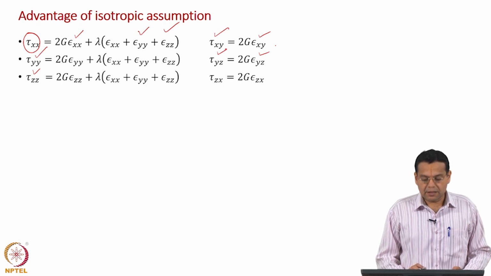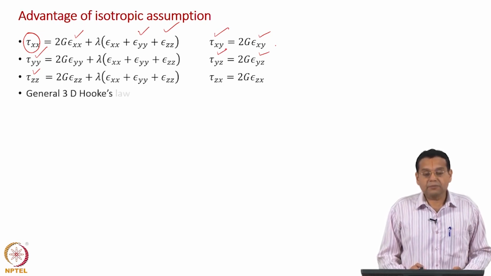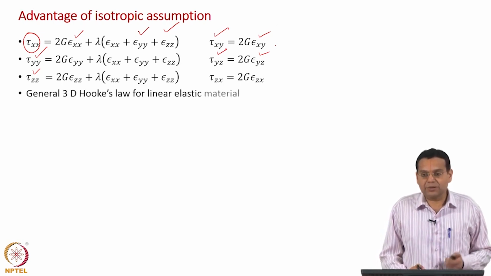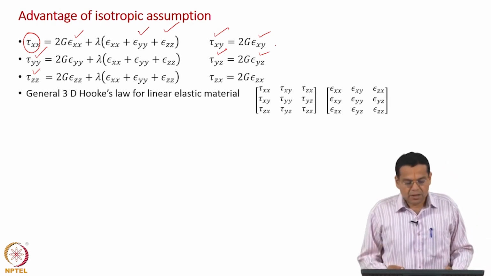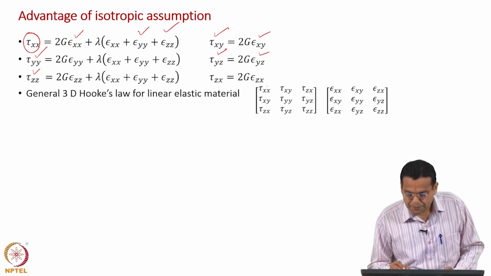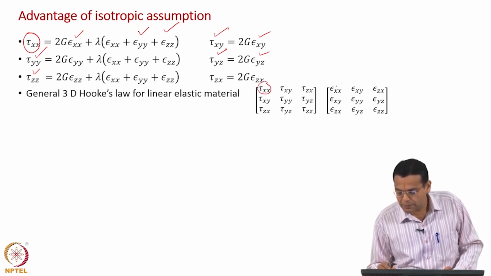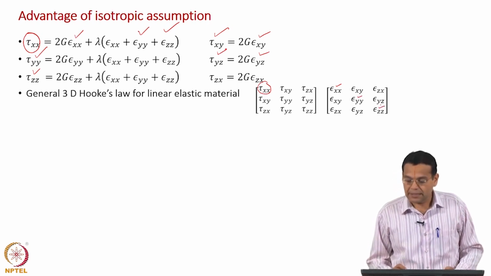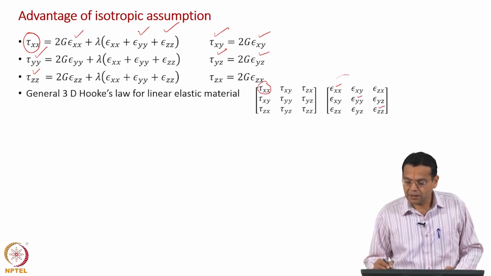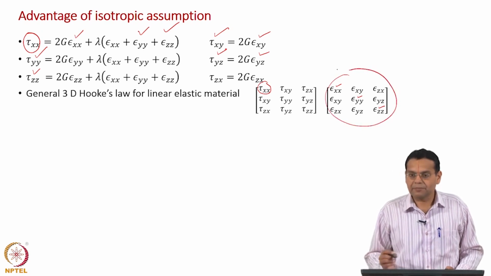Now, what would be the more general scenario? Right now, tau xx depends only on epsilon xx, epsilon yy, epsilon zz, but in general it can depend on all the components. When I say all the components, there are 9, but 6 are independent.